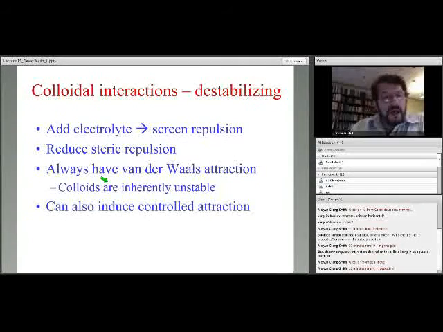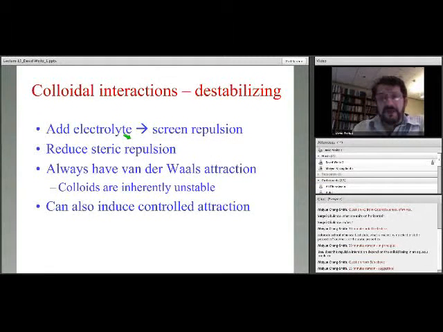However, what happens very often is that the stabilizing interaction disappears, and if that happens, then the particles no longer remain stable. The suspension no longer remains stable, and you destabilize the colloids.